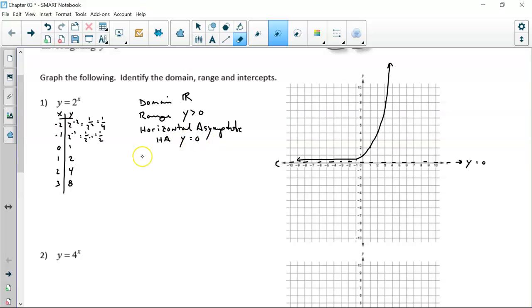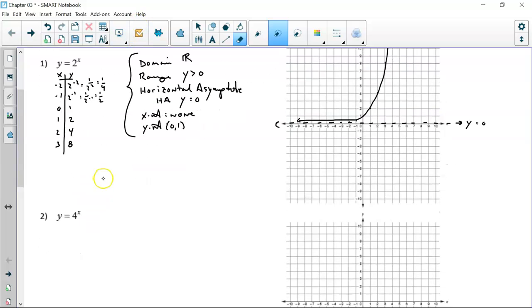It's that horizontal line. Now, our x-intercept. We never cross the x-axis, so there is none. And our y-intercept, we can see when x is 0, y is 1. So it's going to be at (0, 1). There's our graph for 2 to the x.